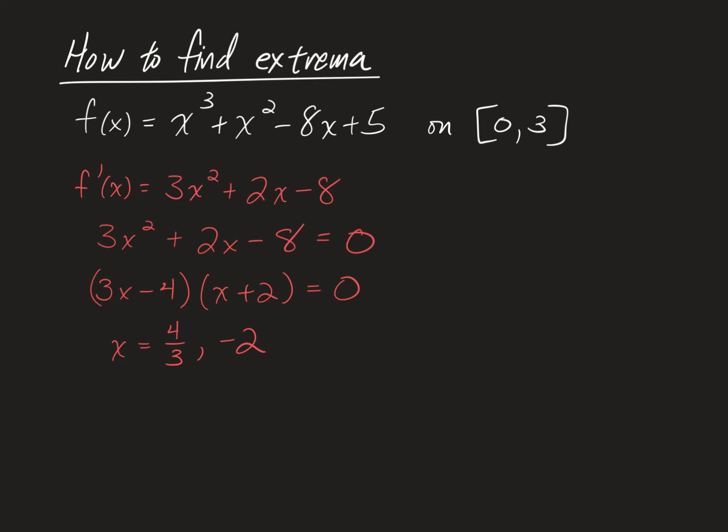Now I'm going to stop right here because I wasn't able to do this in the last example. Take a look at the critical values, 4/3 and -2. Now look at the interval of which we are interested. Is 4/3 in this interval? Is 4/3 between 0 and 3? Yep. Is -2 between 0 and 3?